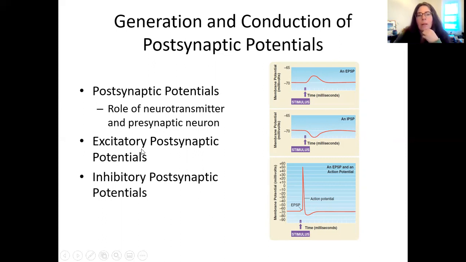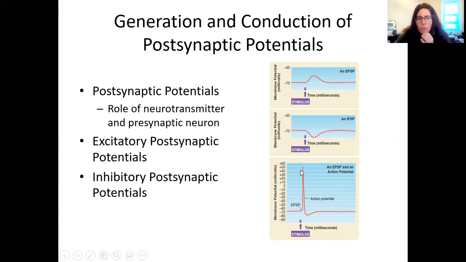Now, a cell has to receive enough excitation in order for a nerve impulse to be generated. Okay. If a cell receives enough excitatory postsynaptic potentials, there'll be a rapid depolarization of the cell, right?